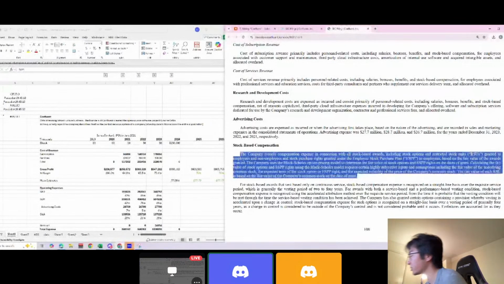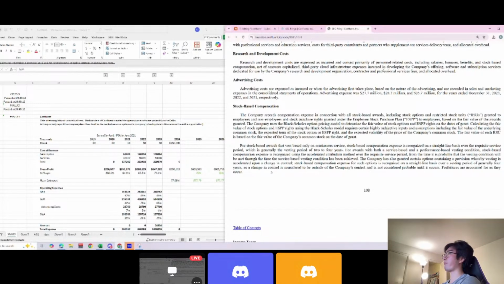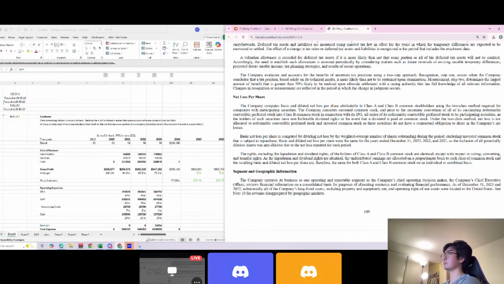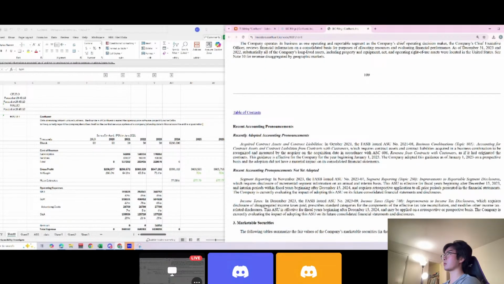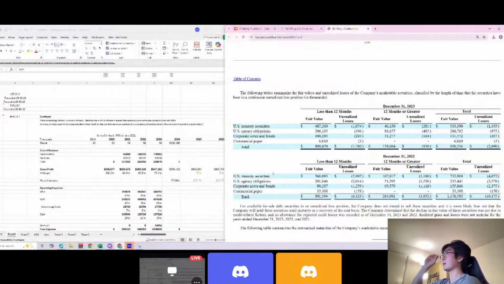So Black-Scholes to value the restricted stock units. Less than 12 months, 12 months or greater.